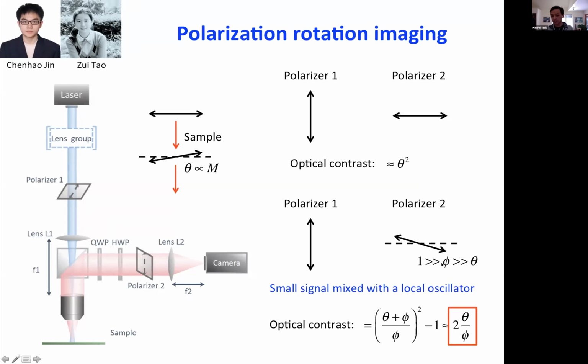Because of this rotation, there's a leakage of the incident light, and that creates a local oscillator that can interfere with the signal that you want to detect. So the contrast on the detector develops an interference term that is linearly proportional to the signal you want to detect rather than to the signal squared. As a result, this can dramatically enhance the optical detection sensitivity of the system.